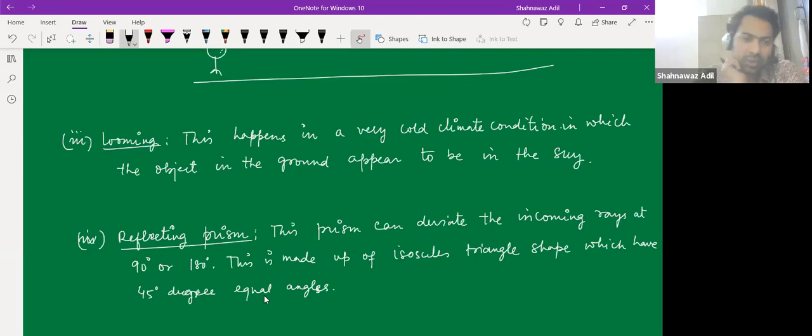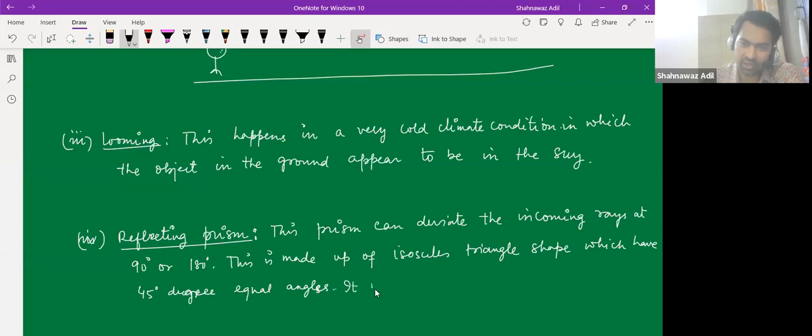right? So these reflective prisms are made up of some glass, and that glass can be flint glass or ground glass, right? So both these glasses have a critical angle which is less than 45 degrees, right?